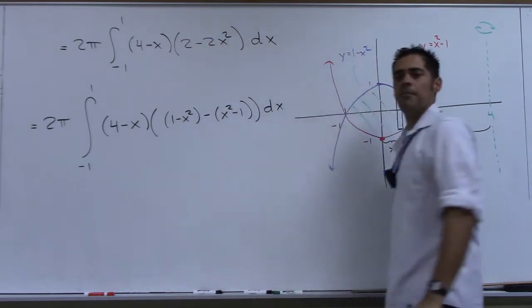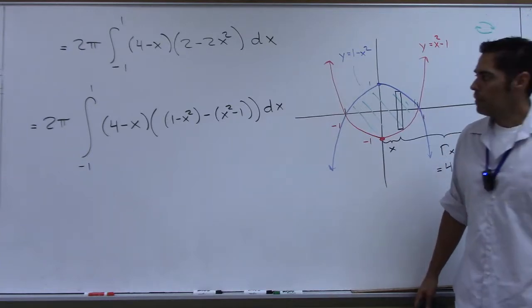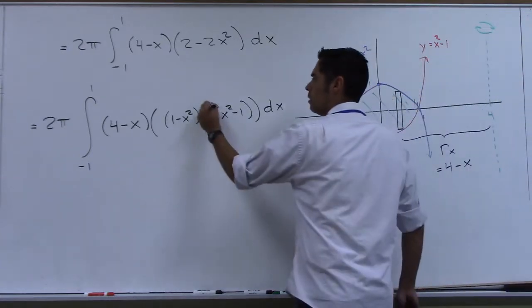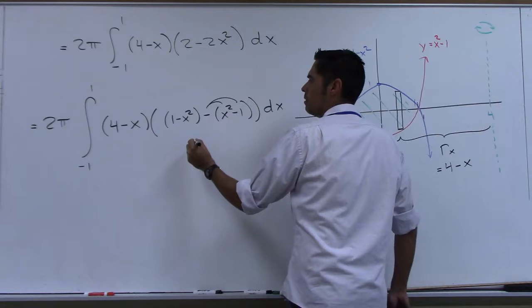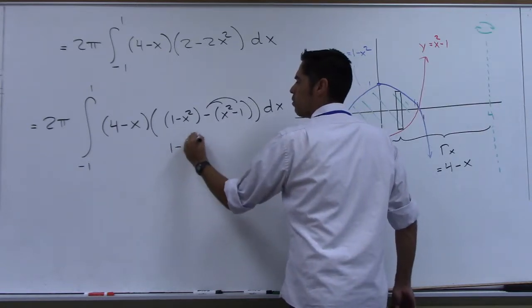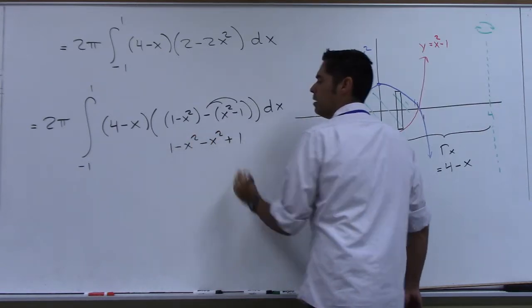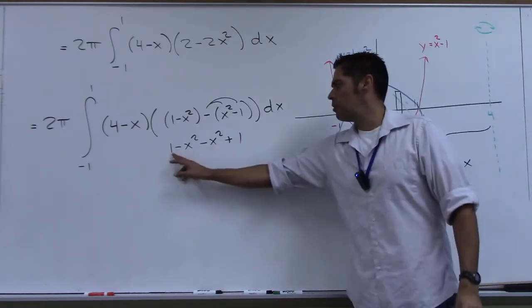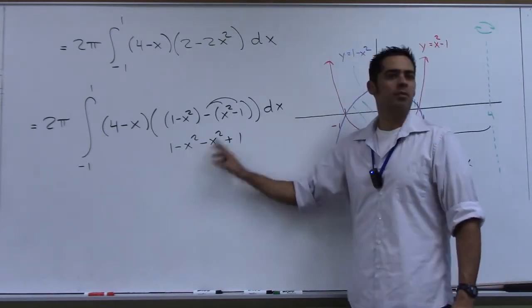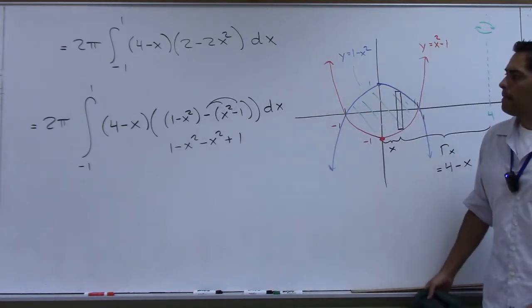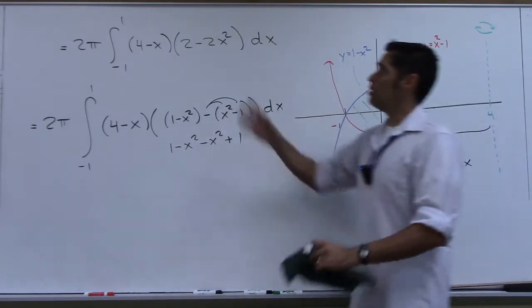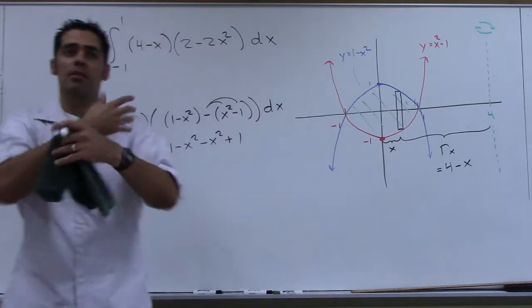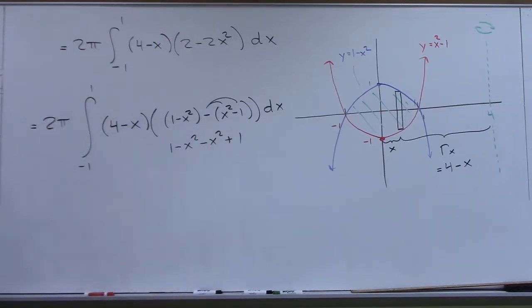Is that right? No? This becomes 1 minus x squared plus 1. 1 plus 1, right? So 2 and then -2x squared. And then we would just multiply these out, right? Just FOIL them out. And then you'd have a polynomial, and you integrate term by term, and you're there.